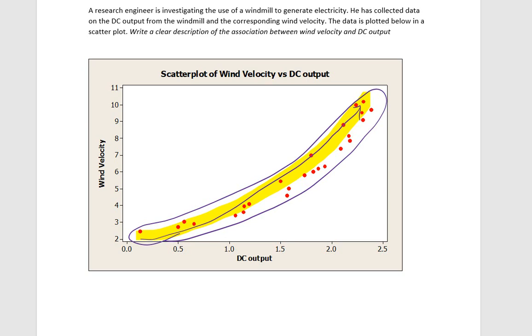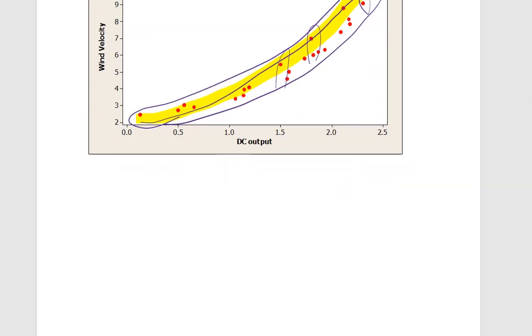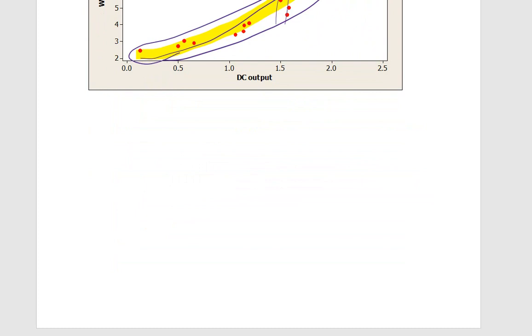Also, similar to the last example, I don't see a whole lot of scatter in these guys. I do see a very distinctive shape. So, again, what I would say for this one is that there is a positive, nonlinear, strong trend between DC output and wind velocity.